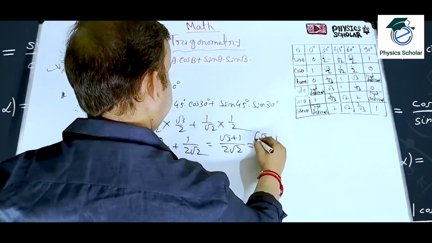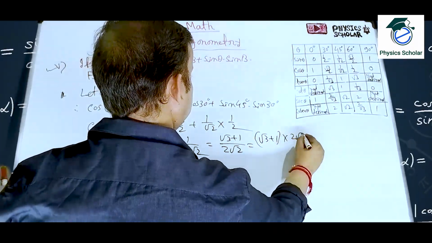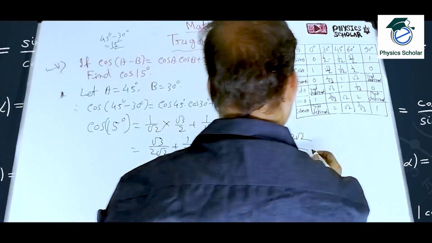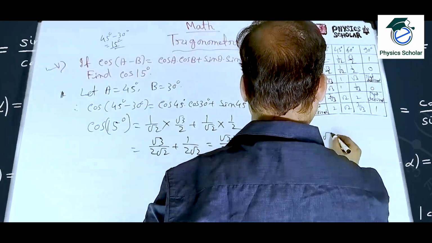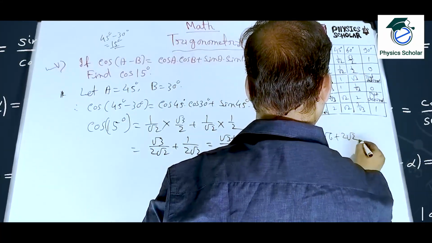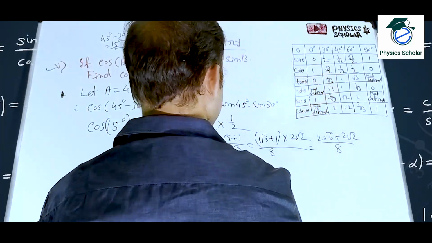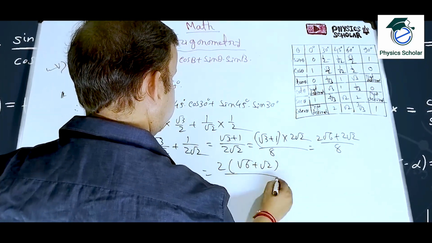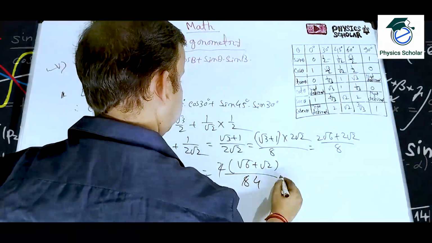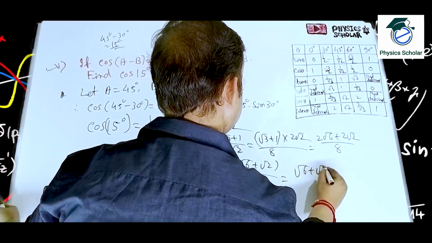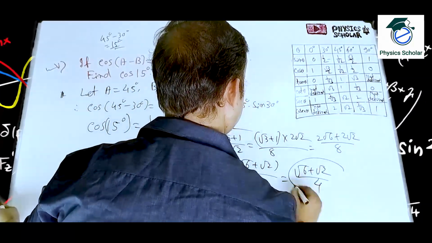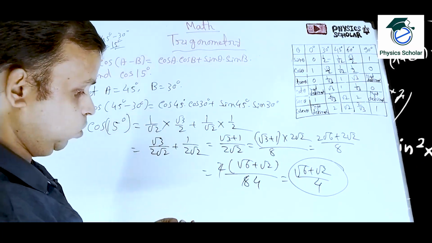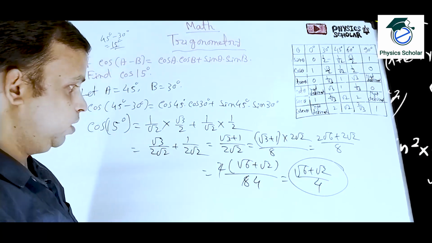Root 3 plus 1 into 2 root 2 by what? 8. Okay. So that means 2 root 6 plus 2 root 2 by 8. So 2 common. So root 6 plus root 2 by 8. So that means root 6 plus root 2 by 4. So same answer is coming. Clear? So cos 15, the answer will be the same, root 6 plus root 2 by 4.